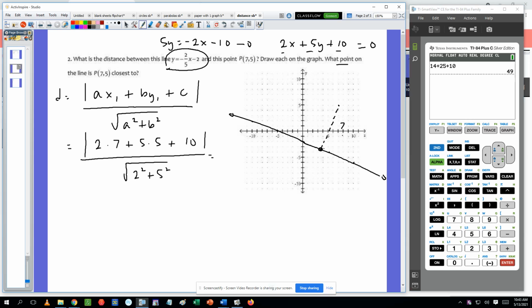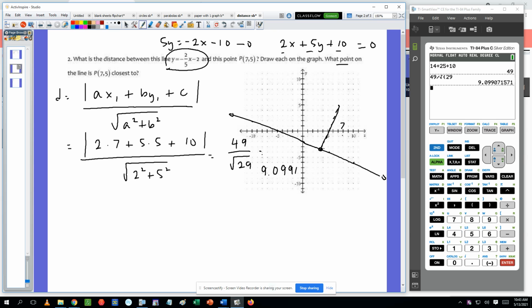Absolute value of that will be 49. 2 squared, 5 squared is 29, square root of 29. So there's your distance. If I wanted it as a decimal, you take 49 and divide it by the square root of 29. And that is your distance, 9.0991. So this distance from here down to here is 9.0991.